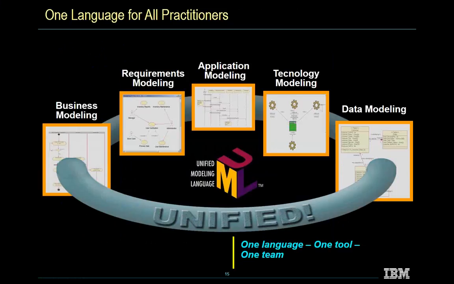Then we have application modeling. When we talk about application modeling, we are talking about the program, the behavior of the program, the flow of the program. Technology modeling means we are talking about various components of the technology. For example, program A is talking to program B, application A is talking to application B, and between them there is also middleware, and this is how the two middleware talk to each other.